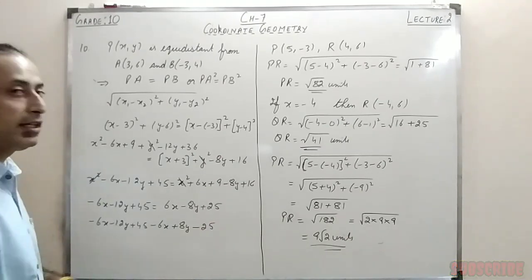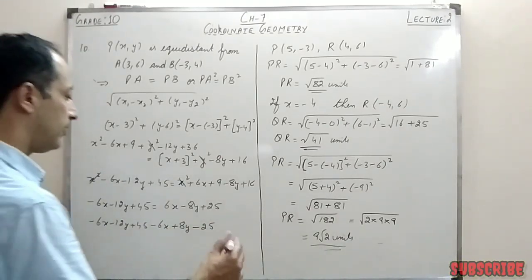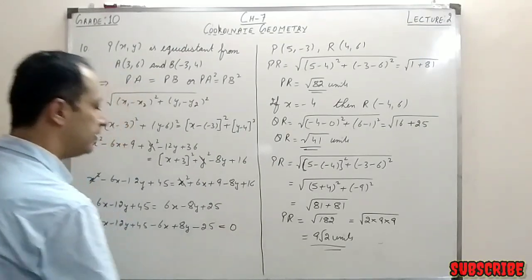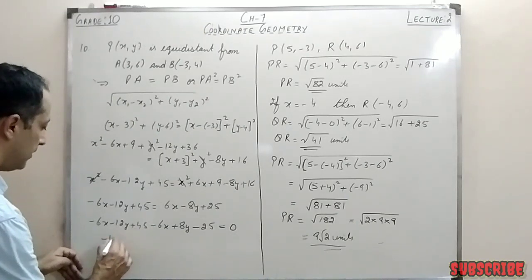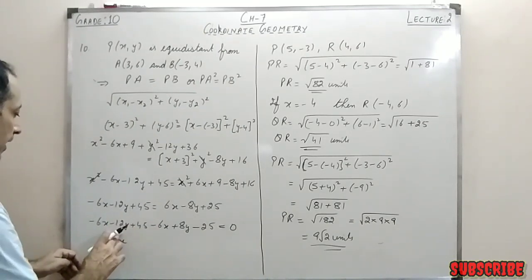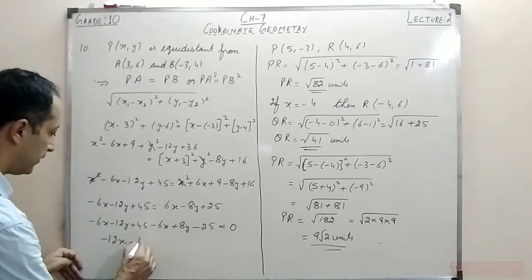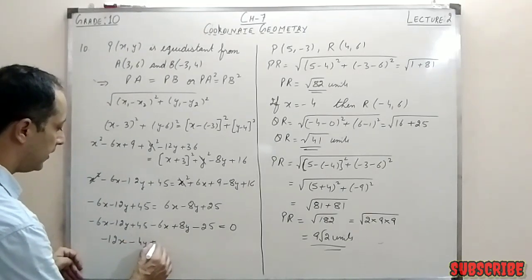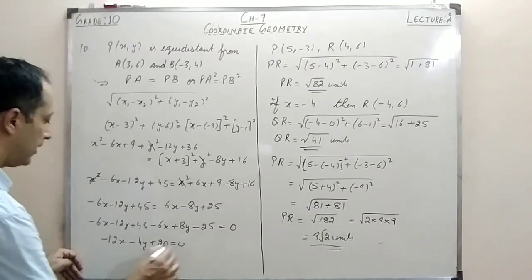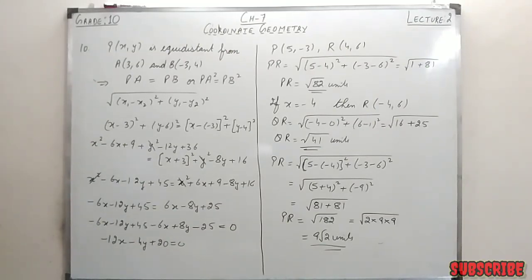And since everything is on the left side, nothing is left, and for nothing, we write 0. Now this minus 6x becomes minus 12x, minus 12 plus 8 becomes minus 4y, and 45 minus 25 will be 20. Right?